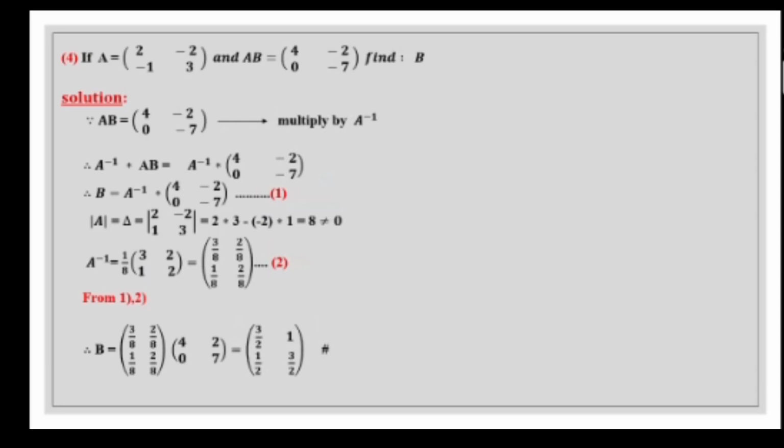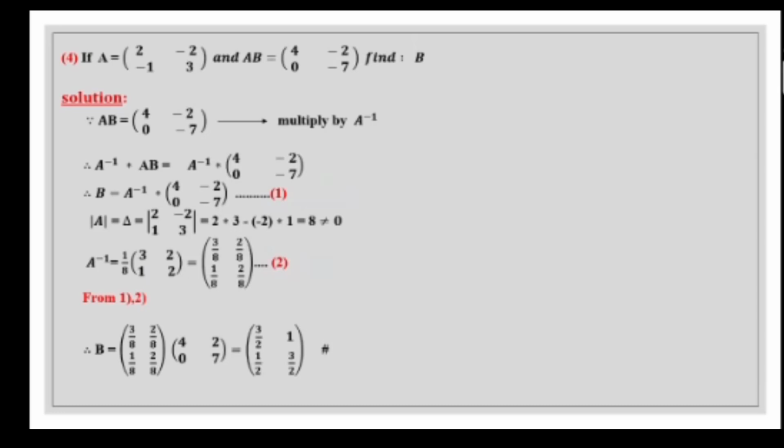Therefore, the multiplicative inverse of the matrix A equals 1 over 8 multiplied by the matrix 3, 2 and 1, 2, which will be the matrix 3 over 8, 2 over 8 and 1 over 8, 2 over 8.